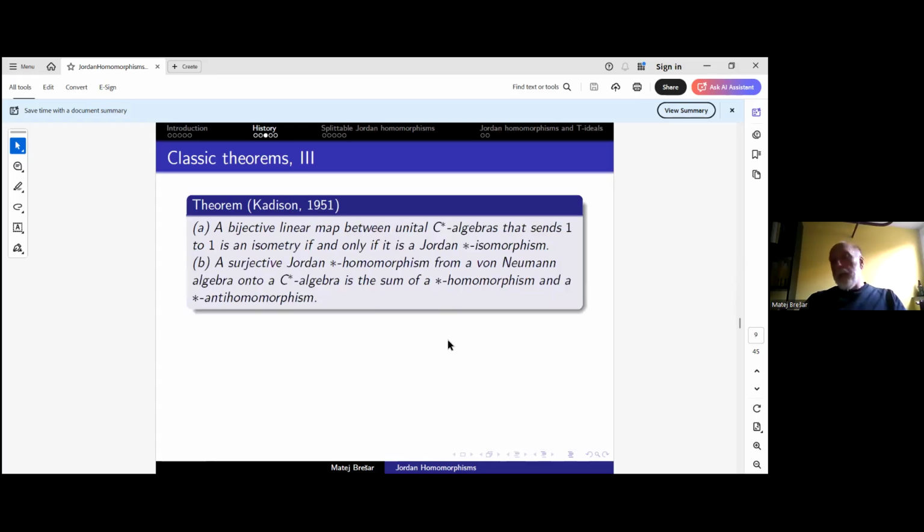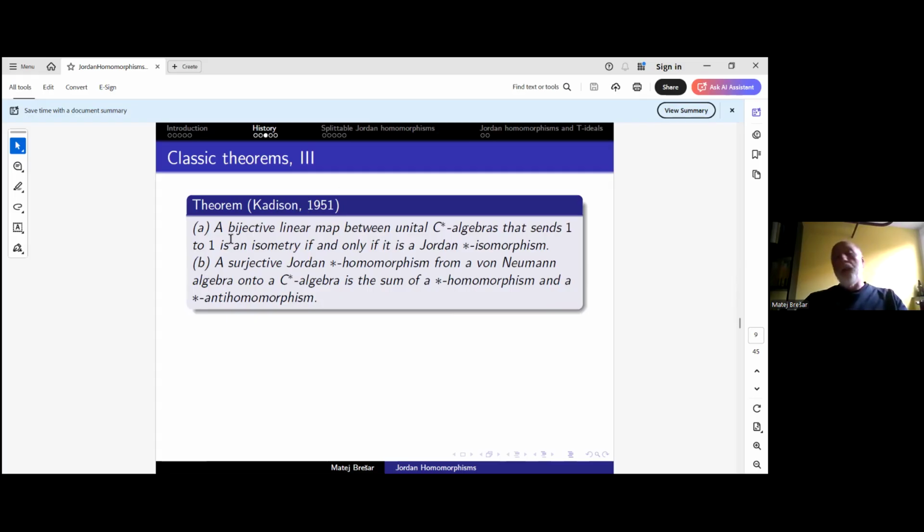Now, a theorem also very classical from a different area, but also from the same period. And this is a perfect example of what I was speaking about before, how Jordan homomorphisms simply occur naturally in mathematics.